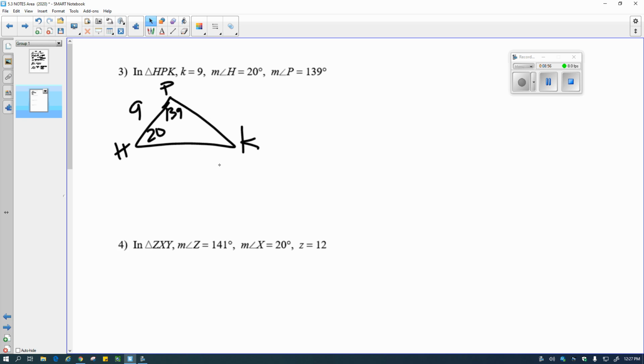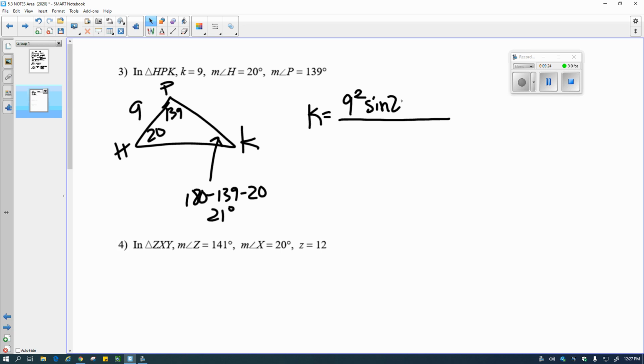I know I'm going to have to find the third angle. So the third angle is 180 minus 139 minus 20. And I get 21 for that angle, 21 degrees. And so then when I use my formula, it's going to be 9 squared times the sine of 20.